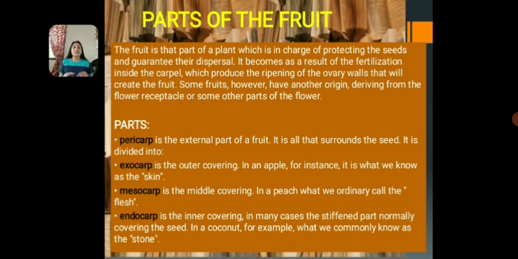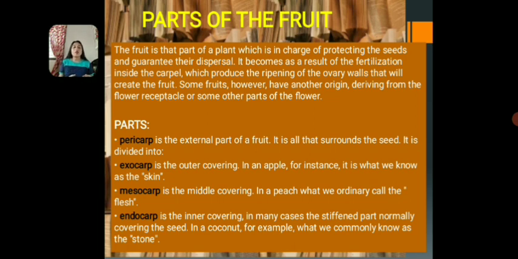The pericarp is the external part of a fruit. It is all that surrounds the seed. It is divided into the exocarp, mesocarp, and endocarp. The exocarp is the outer covering, for example in an apple, what we know as the skin.